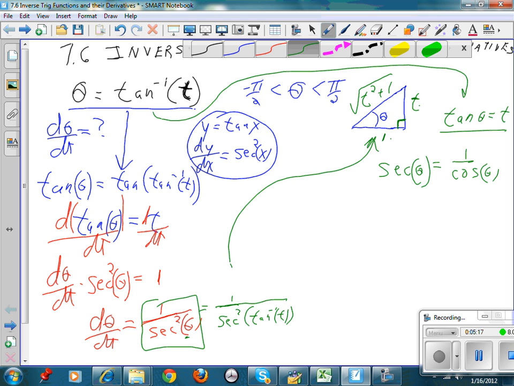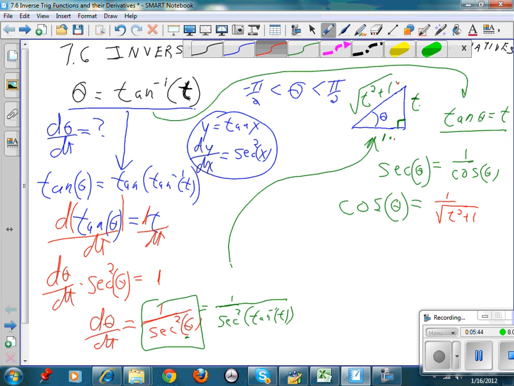The cosine of theta is equal to what? It's going to be adjacent over hypotenuse, right? So I go back up to my triangle. It's 1 over this, so it's 1 over the square root of t squared plus 1. Cosine is equal to that.